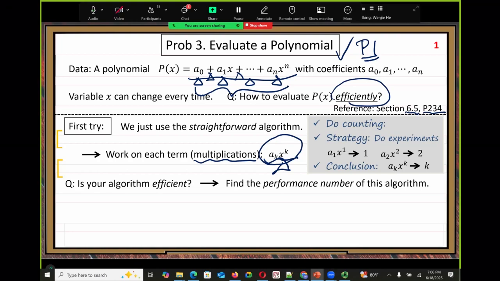Because we want to study the efficiency of an algorithm, when we use the word efficient, we need to define some measure for efficiency.